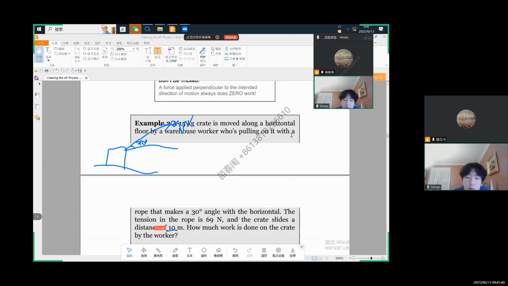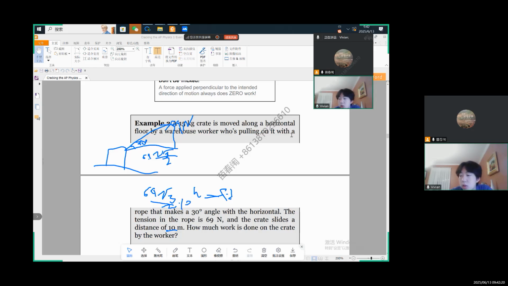Distance. Okay. Work equals F d. So we just need to find the x component. Root 3 over 2 times 69, times 10.